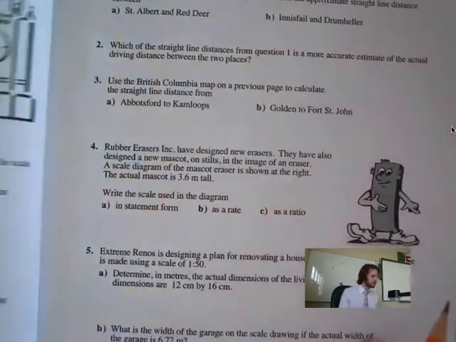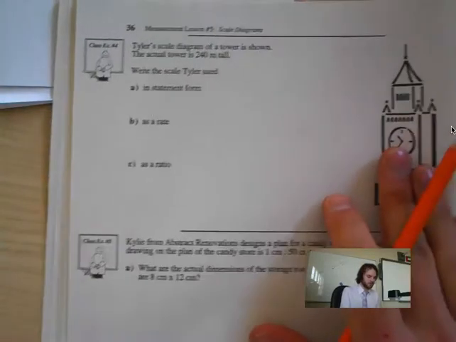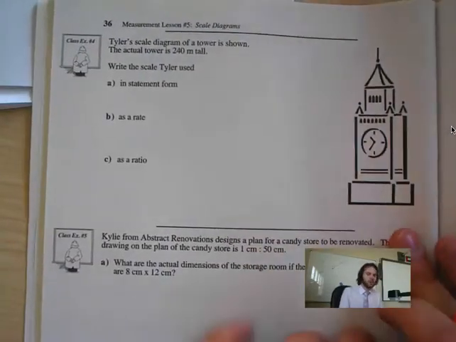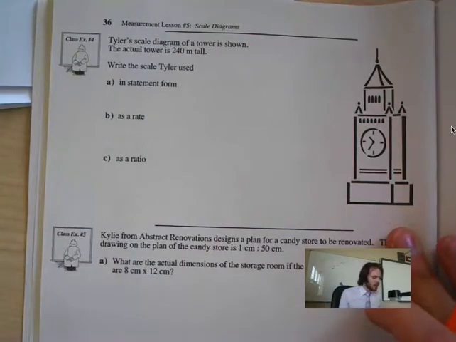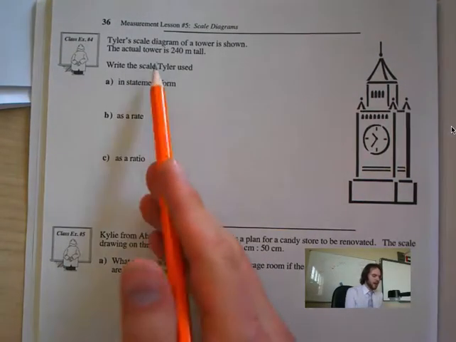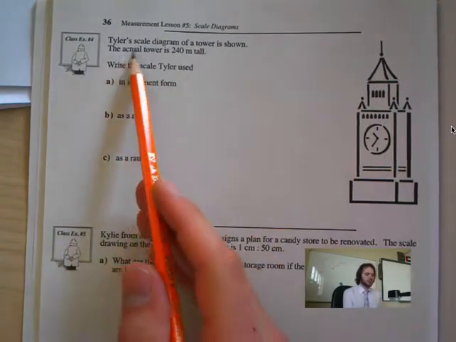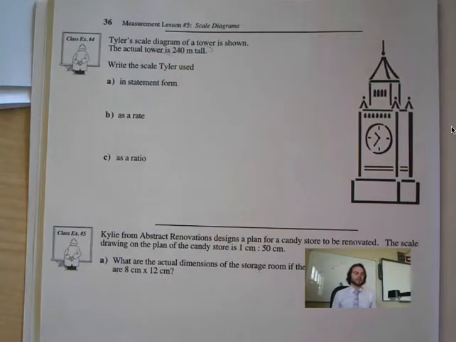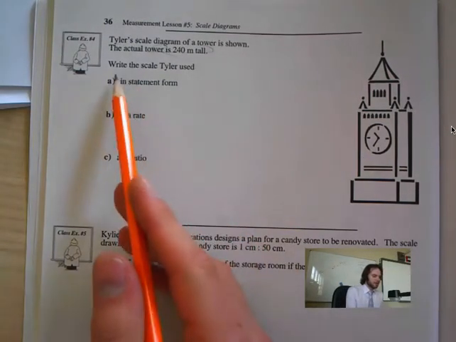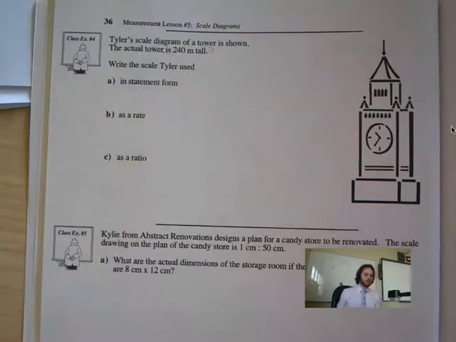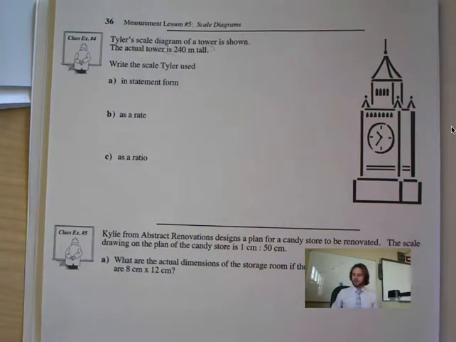Okay? All right, let's take a look at our next question. So here we go. It says, Tyler's scale diagram of a tower is shown. Okay, the actual tower is 240 meters tall. Write a scale that Tyler used. So the actual tower is 240 meters tall.